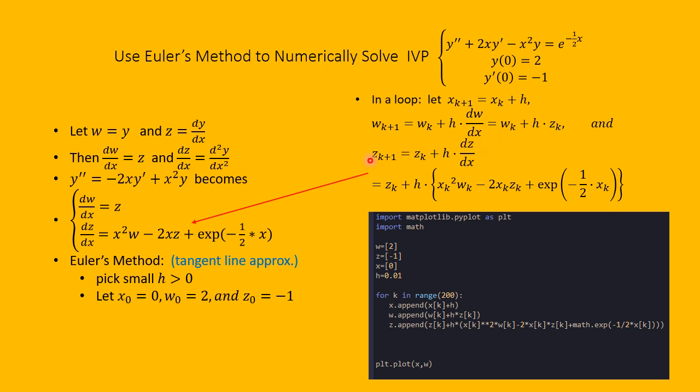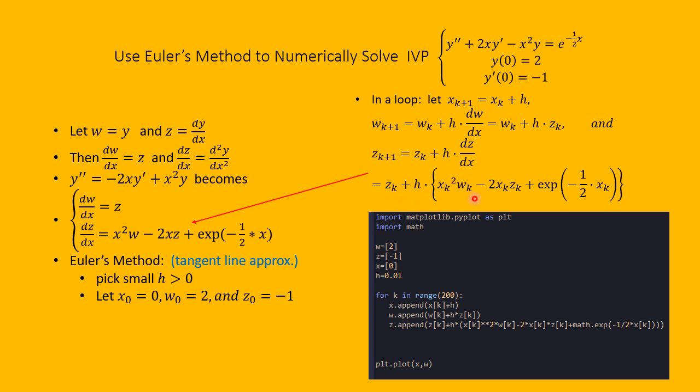Z sub k plus 1 is going to be z sub k plus h times the derivative of z with respect to x. But wait a minute, the derivative of z with respect to x is given by this stuff over here. And so for this, we'll substitute that in. So z sub k plus 1 is z sub k plus h times all of this.